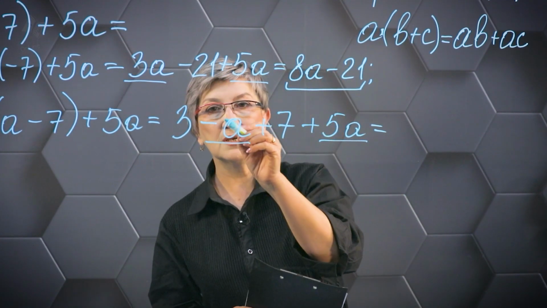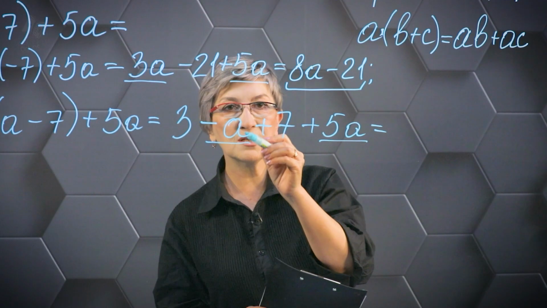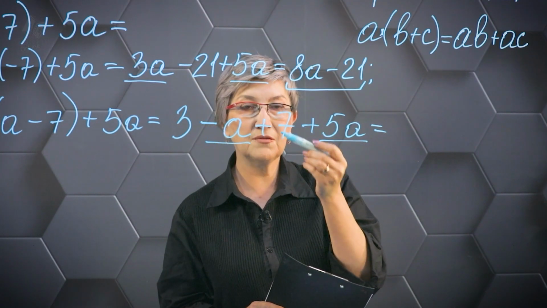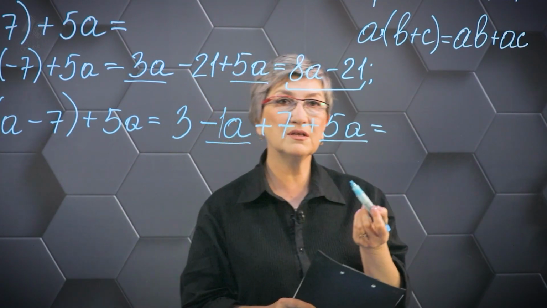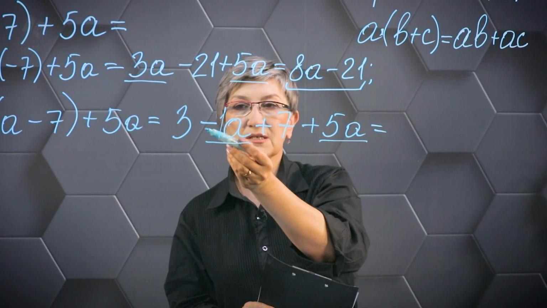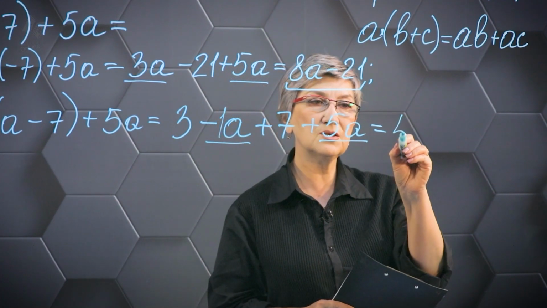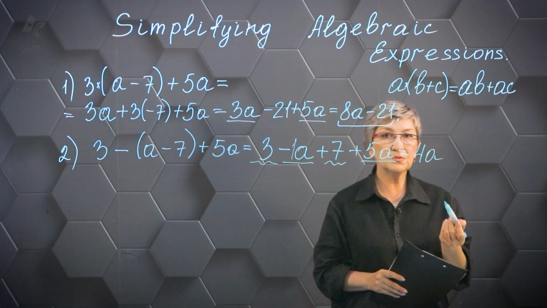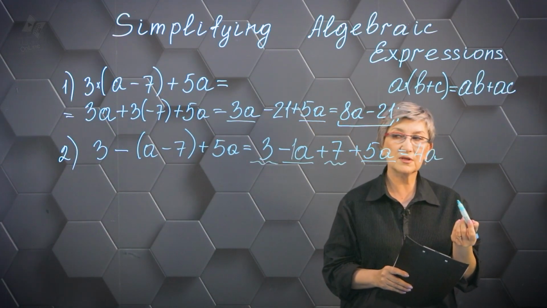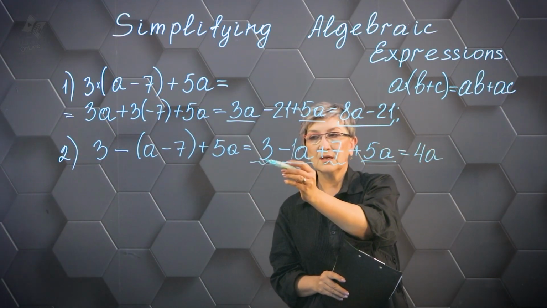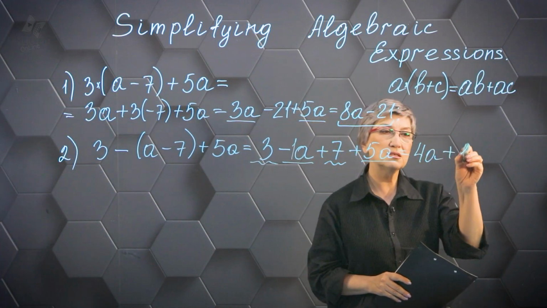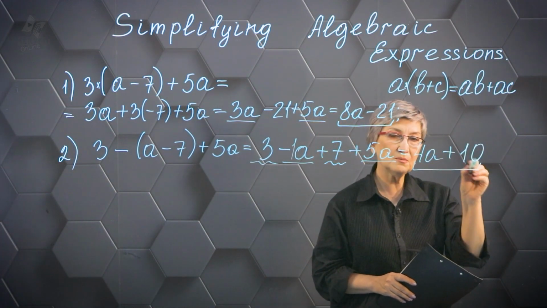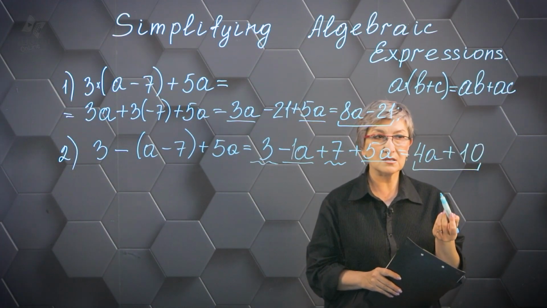Don't forget that if no coefficient is written before the letter part, then this coefficient is equal to 1. The result is minus 1 plus 5, that's 4a. 3 and 7 are also like terms, but which have no letter part. But we can find the sum of 3 plus 7. That's 10. The resulting answer is 4a plus 10.